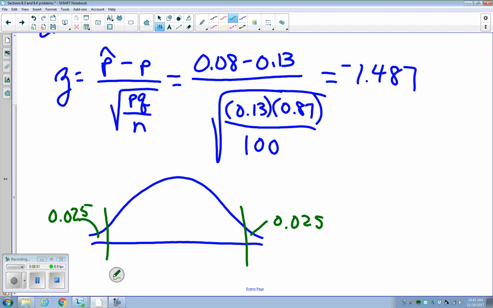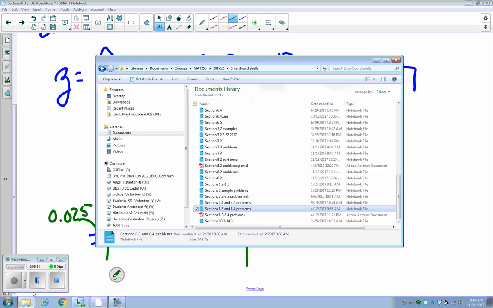Okay? So here's the z that I came up with. How am I going to find the z for my critical values? Inverse norm. I'm going to go to my calculator and pull that up and say inverse norm. You guys can get there a lot faster than I can, right?